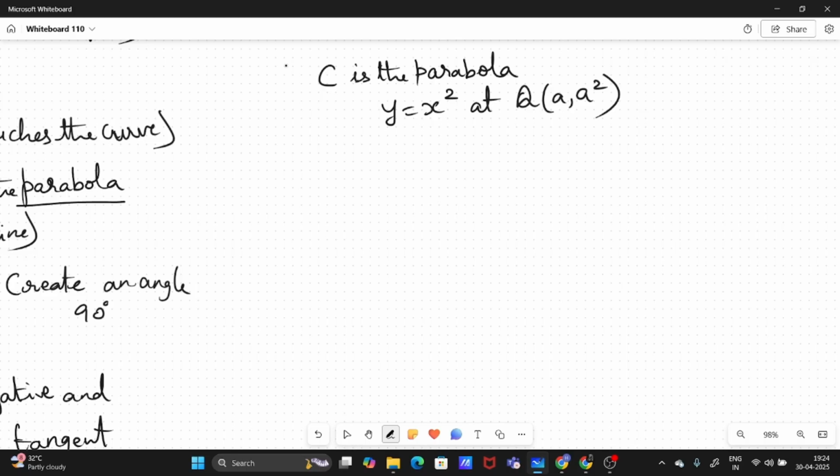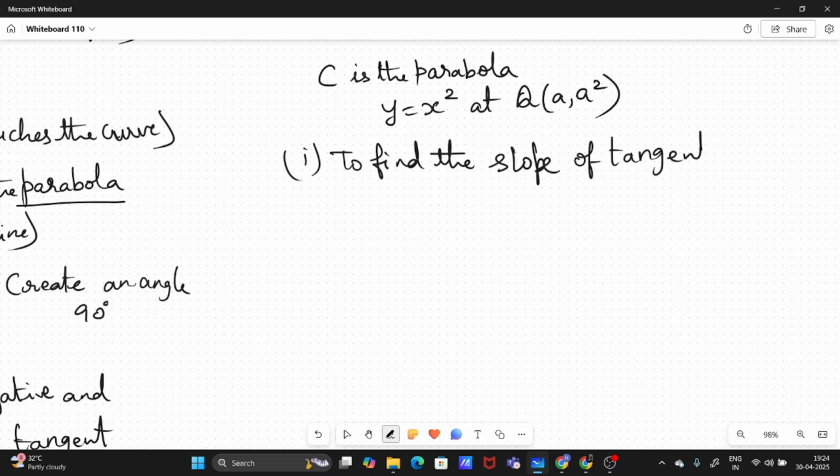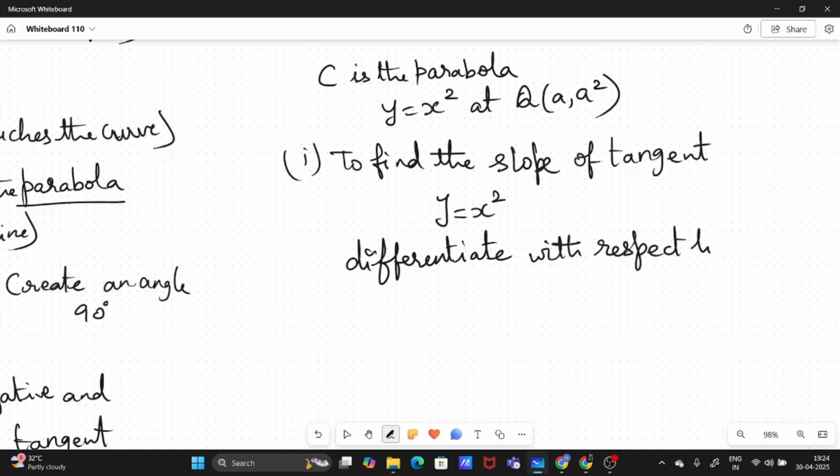Step number one, to find the slope of the tangent: let me take y equals x square, equation 1.